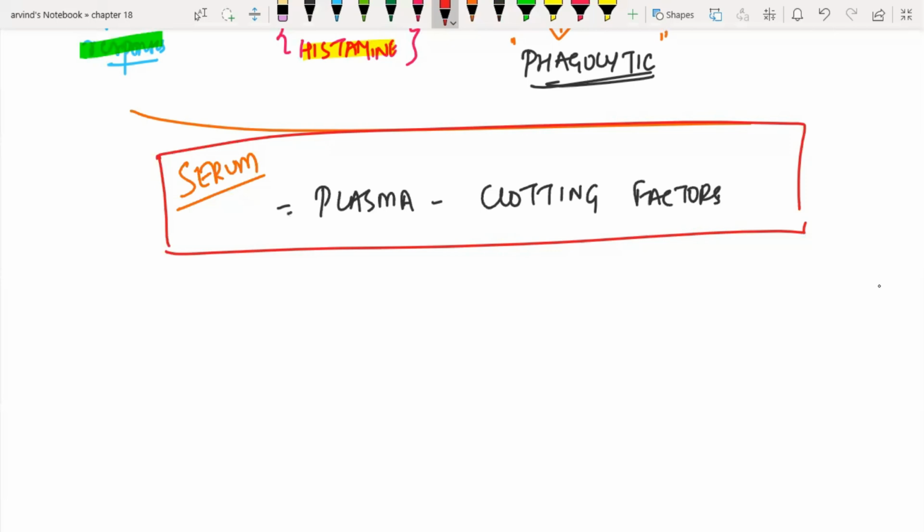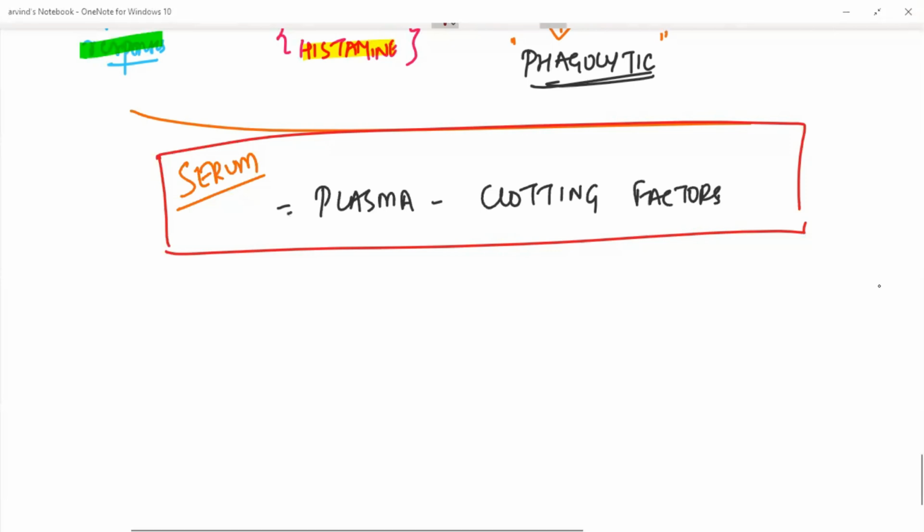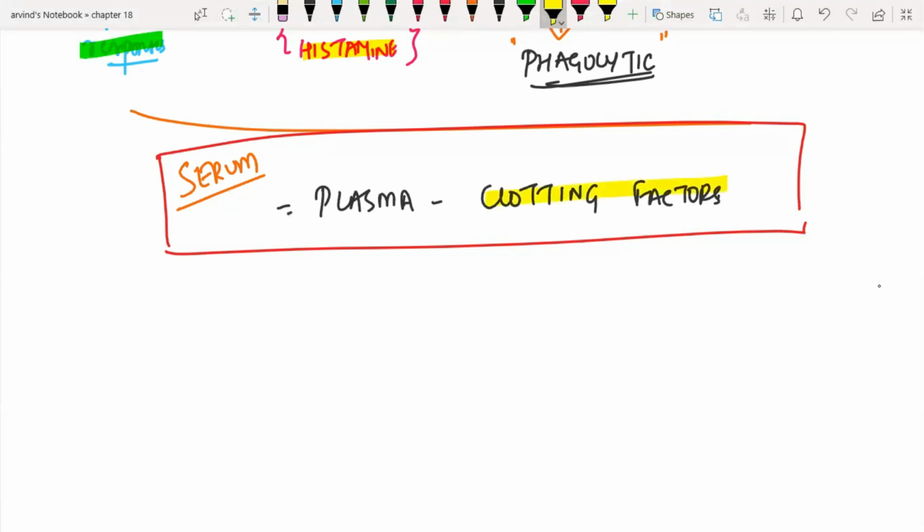Apart from the formation of fibrinogen to fibrin, it is not just thrombin that helps. You have lots of other factors called coagulation factors or clotting factors. About 12 factors present in the plasma help in clotting. So if you keep the blood outside for some time, it will clot because of the presence of clotting factors. You just have to remove the clotting factors for the blood to stay uncoagulated for a long time. You leave the blood uncoagulated for a long time in the laboratory. This is an application of serum.